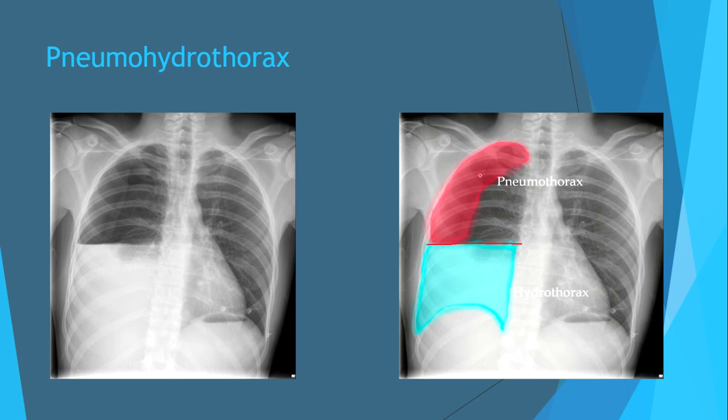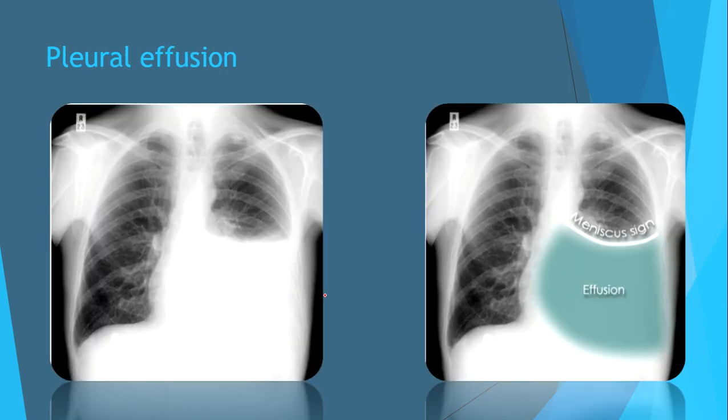It's because air in the pleural cavity gives pressure on this liquid, and we have here the horizontal line, and in the upper part of the pleural cavity we didn't see the picture of the lung vessels, like here. Pleural effusion: this convex line in the pleural cavity is called the meniscus sign.